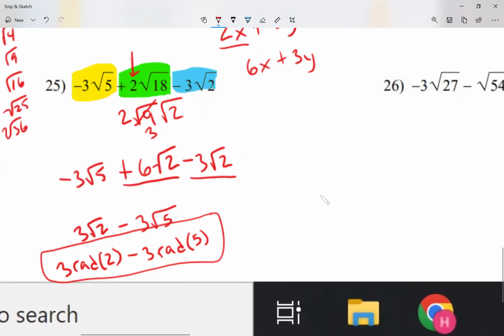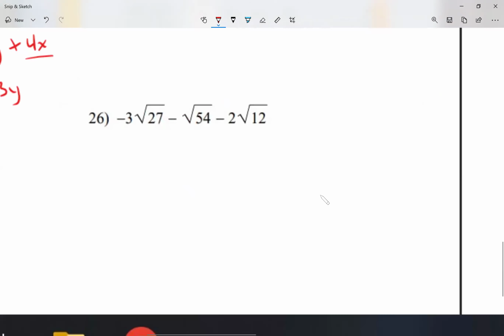All right, let's take a look at number 26. I'm going to simplify my radicals to begin with. So let me focus on my first radical only, my first term. And then I ask myself, 27, can I break it down into two numbers that multiply to 27, one of them being a perfect square? I'm going to say, yeah, 9 times 3.